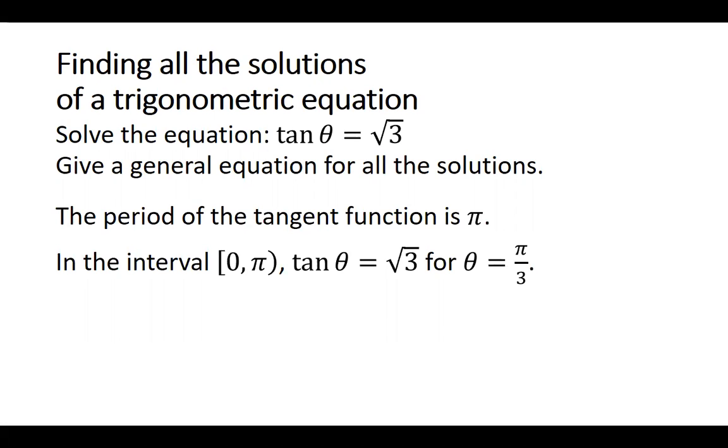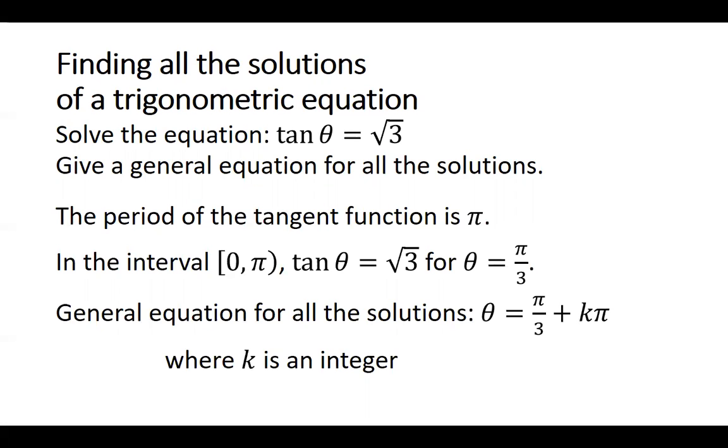So you come up with theta is equal to pi over 3. So we know that's in that first interval, but then we also know that it's going to replicate every pi, every period after that. So we can say the general equation for all the solutions is that theta is equal to pi over 3 plus k times pi, where k is an integer.